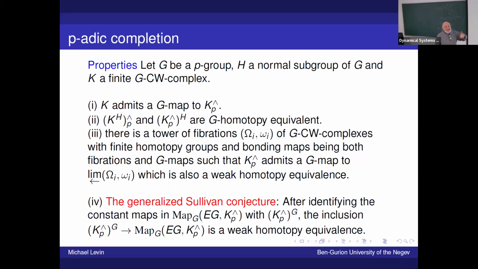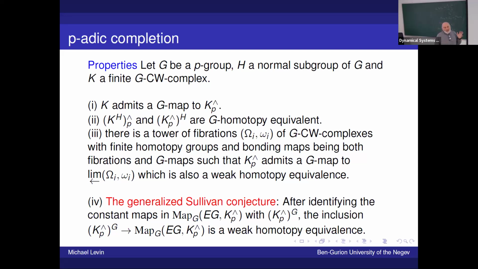If we have a G-map between two G-CW complexes, it will induce a G-map between the p-adic completions.